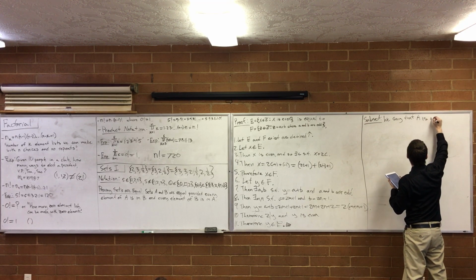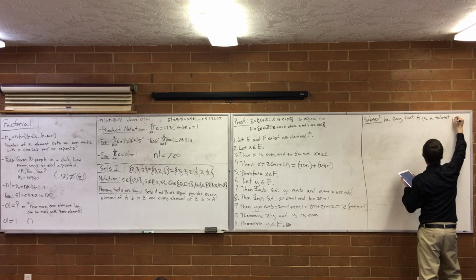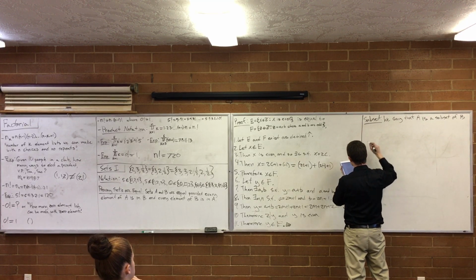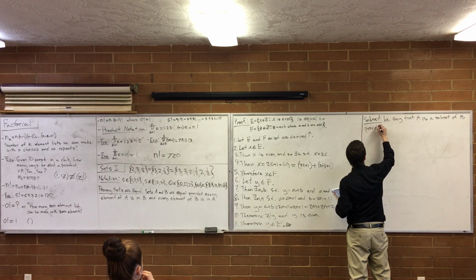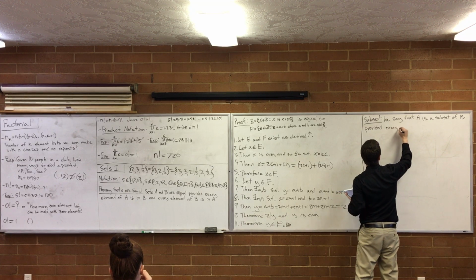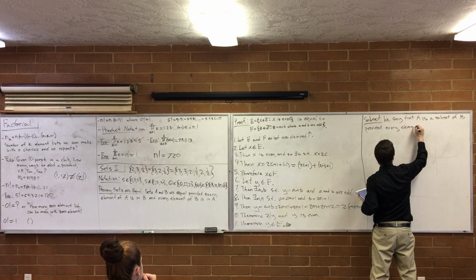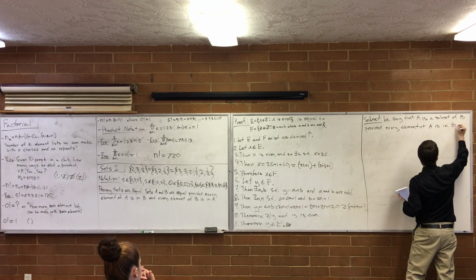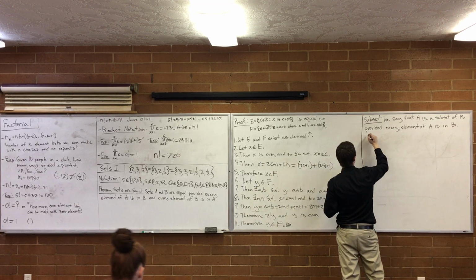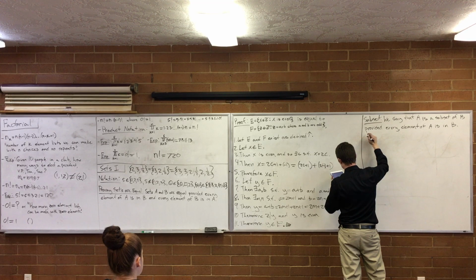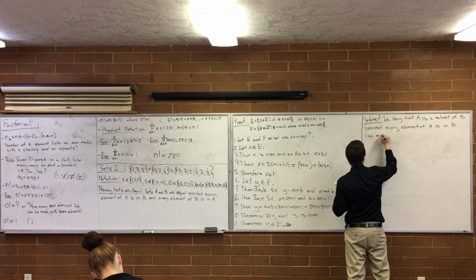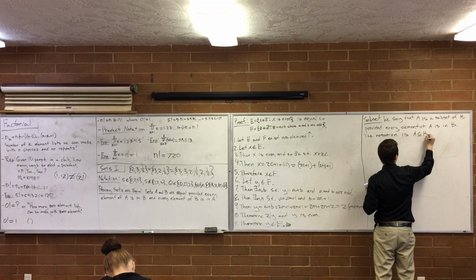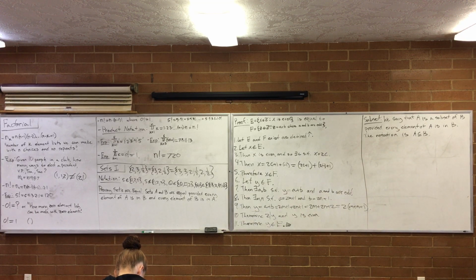You say that A is a subset of B, assuming A and B are sets, provided every element of A is in B. Notation: A is a subset of B. It's like a C with a line through.